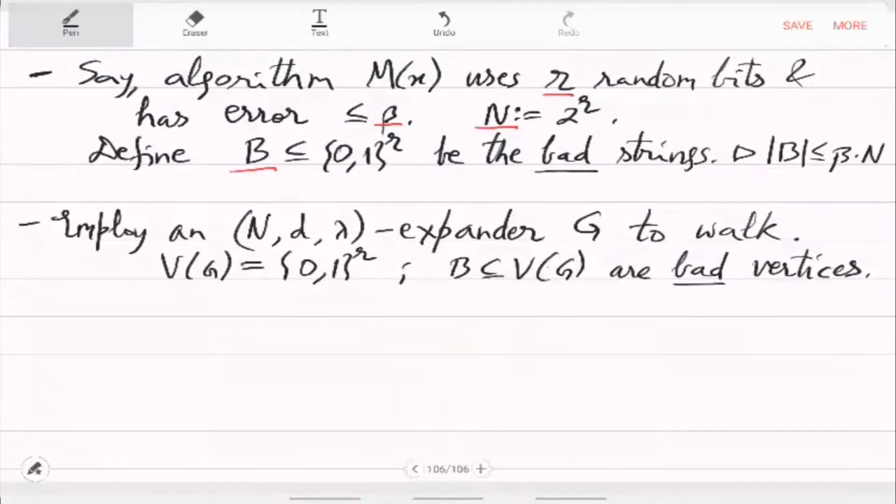So when you are doing a random walk, you want to hit these vertices at most half, or smaller than half, the time. So let V0, V1 to Vk be the walk.